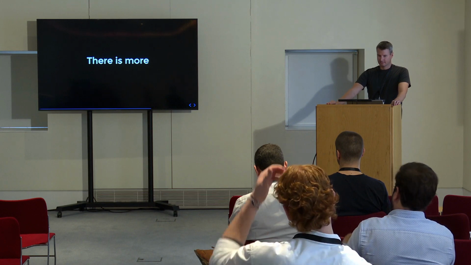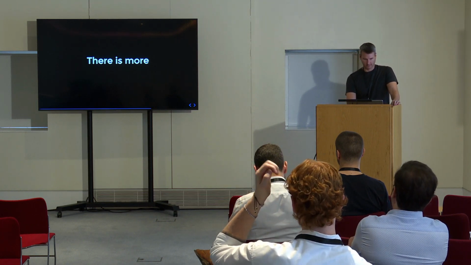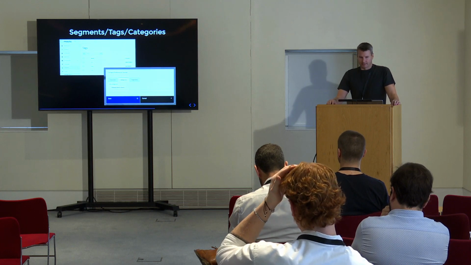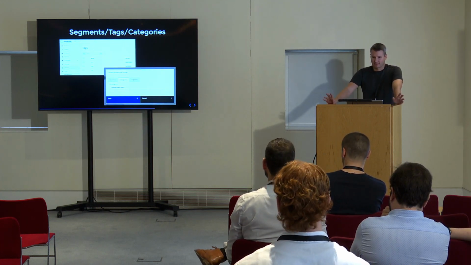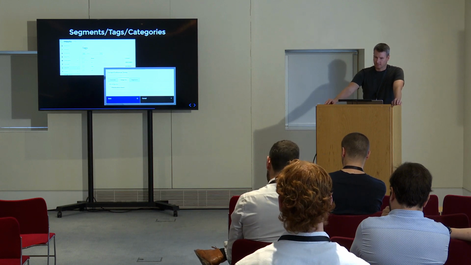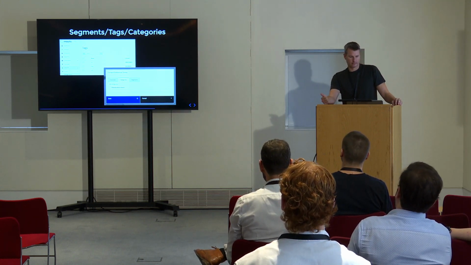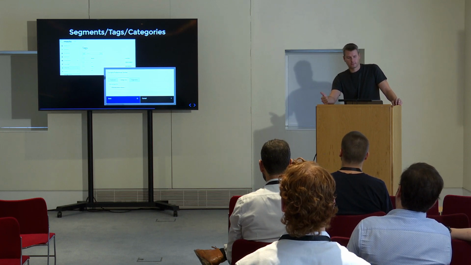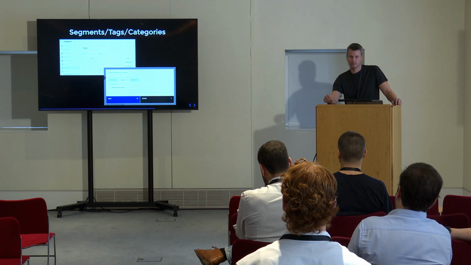And there is more. It's not only about segments here. So these are all the categorization options that you can use with Mautic, right? So we have segments. We just talked about that. Basically, you can also have segment without filters. I like those. You don't need to rebuild those. You just add manually contacts to those segments.